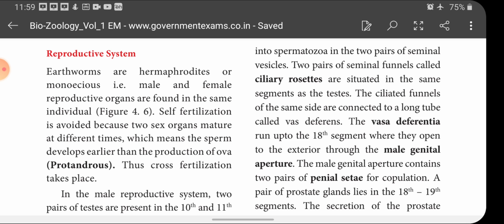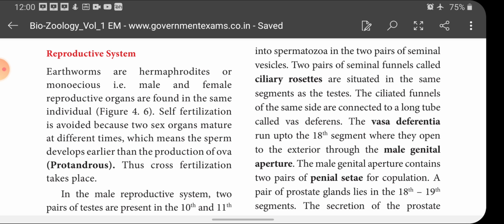For this question you can give an answer like, there are two sex organs present in the same earthworm, but both the sex organs are not mature at the same time. Instead, they mature in different seasons. Sperms mature earlier than the ovum. So in that case, there won't be a chance of what?